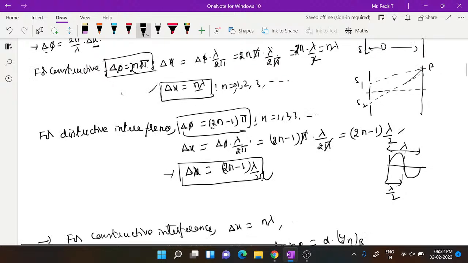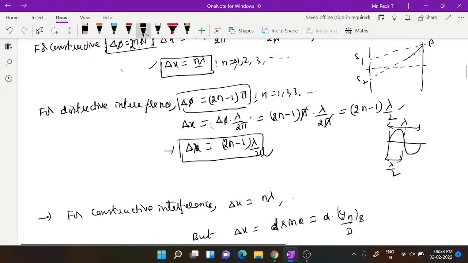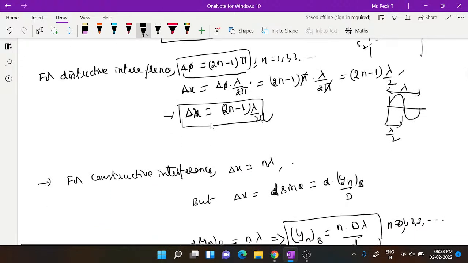If you observe the position of the bright band, for n equal to 0 you'll get the first bright band, which we call the central bright band. Beside this you get bright bands up and down like this, which I have already discussed. It is observed that they will be at equidistance.